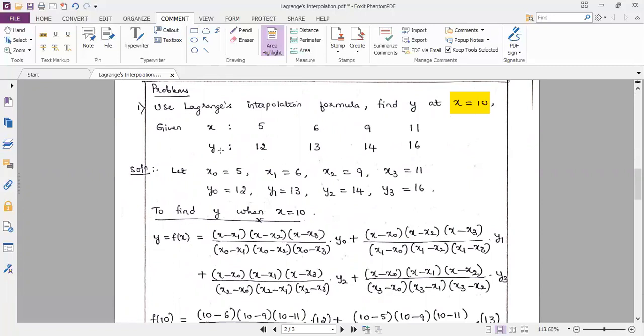Given the set of values of x and y, firstly we denote x values as respectively x0, x1, x2, x3. Observe that the values of x are at unequal intervals. The respective values of y are denoted by y0, y1, y2 and y3.